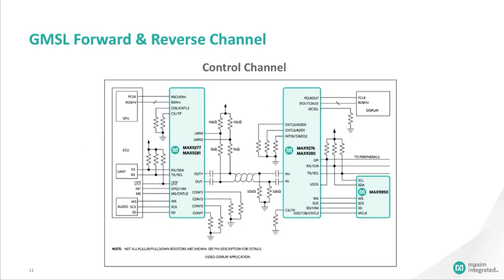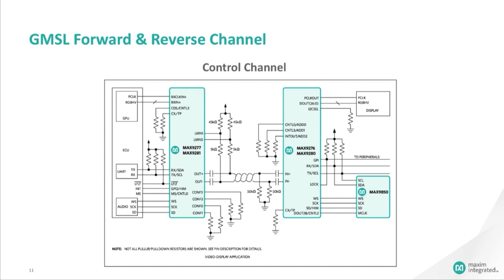An additional feature of Maxim's GMSL SerDes control channel is the ability to translate from UART to I2C. In the example shown, the serial link is used in a remote display application, with the electronic control unit, or ECU, on the serializer side, and a display on the deserializer side.